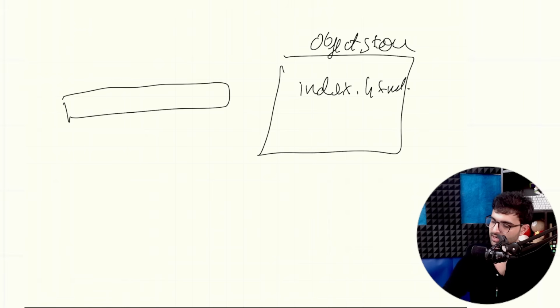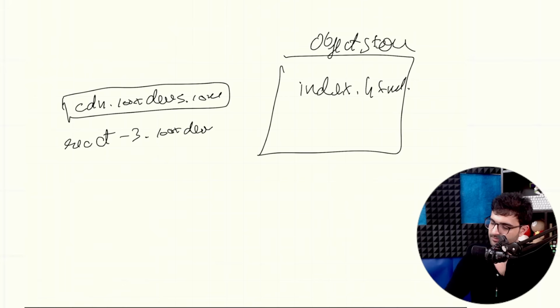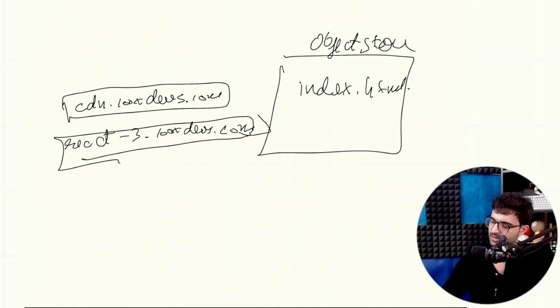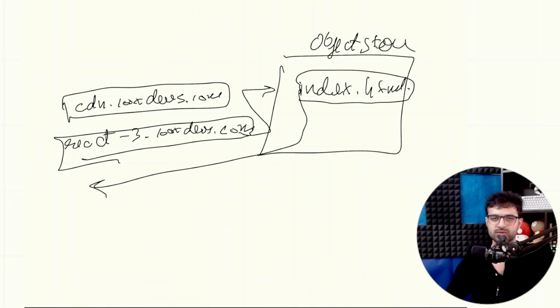I want a URL, something like cdn.100xdevs.com, or, much better, something like react-3.100xdevs.com, where if a request comes here, it gets routed to this object store and picks the index.html file, returns it to the user. How can I create that?